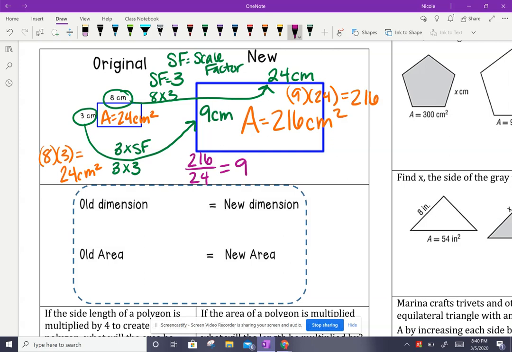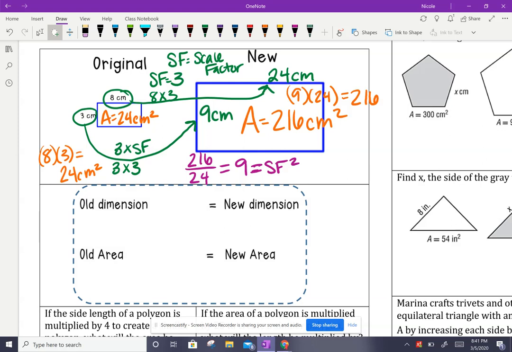So what's written next to my centimeters when I'm talking about area? It's centimeters squared. So when we are doing scale factor, when I go from a side length to a side length, I just multiply by the scale factor. But if I'm going from one area to another, I am going to multiply using scale factor squared. So this is equal to my scale factor squared, which was 3.